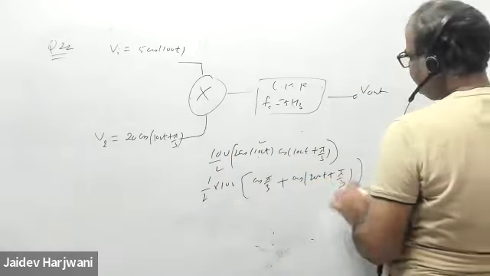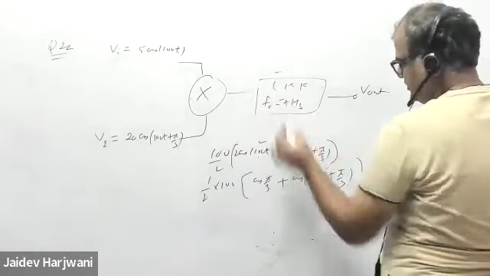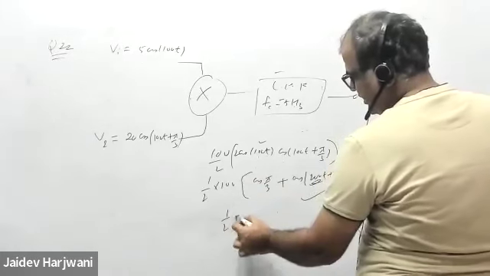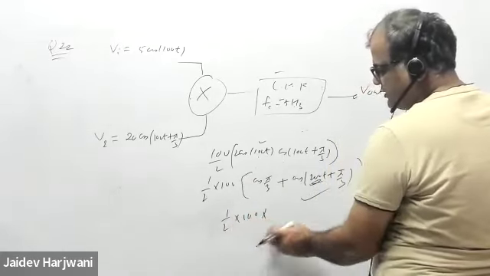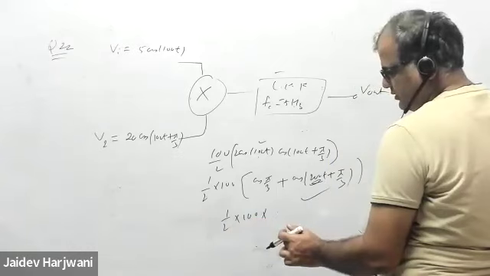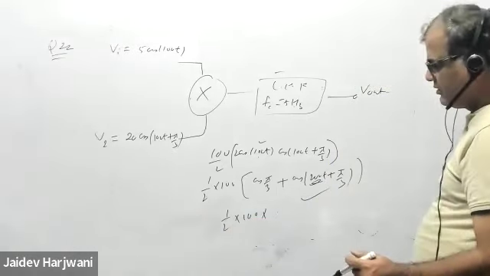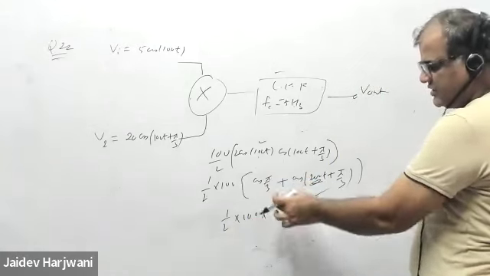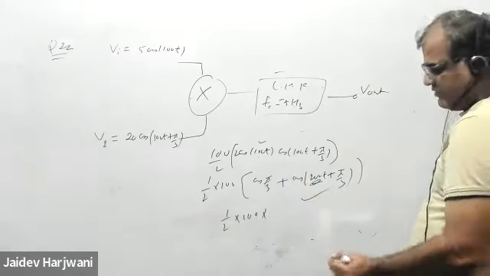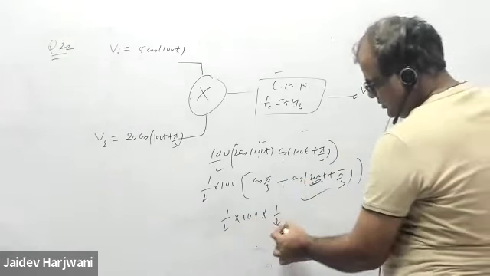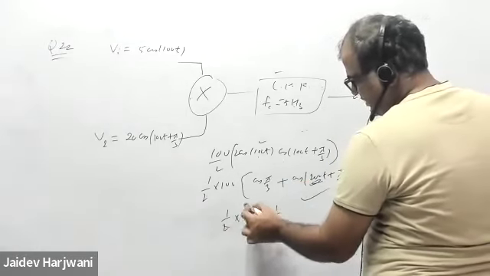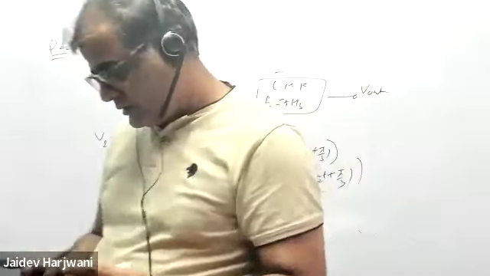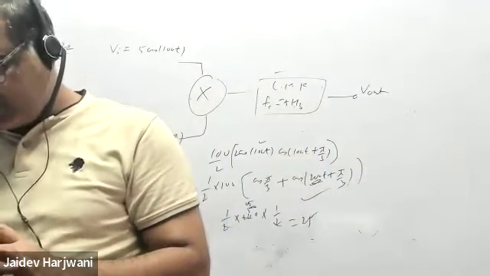Obviously this frequency is above 5 hertz, so this will not pass. Only this will pass. So what is cos pi by 3? Cos 60 is 1 by 2. So this is 50 divided by 2, 25. Is 25 in the options? Okay, so option B should be correct.